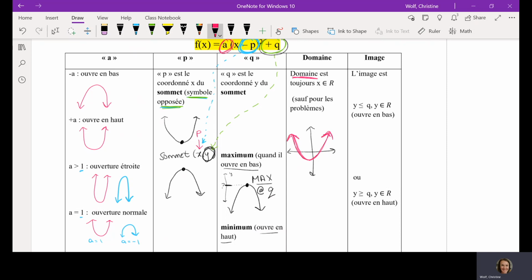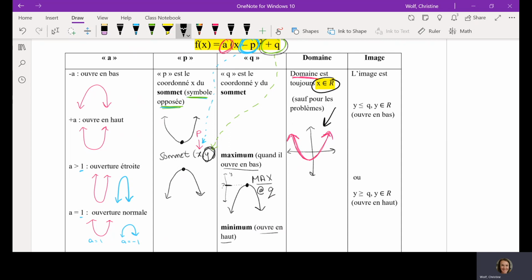À cause de la flèche ici, cela continue toujours à la gauche. So we have no idea how far left it goes. We have no idea how far right. OK? So ça, c'est quand on écrit cela, que c'est un élément des réels. We have no idea where it begins or where it ends. So pour toutes les paraboles, they always look like this. OK? So on disait que toujours le domaine est ça. Always. We don't have to think about it.